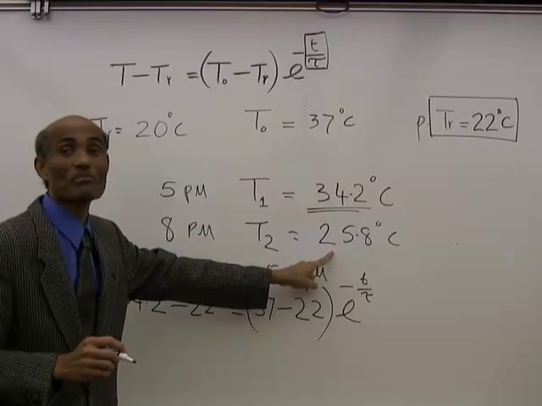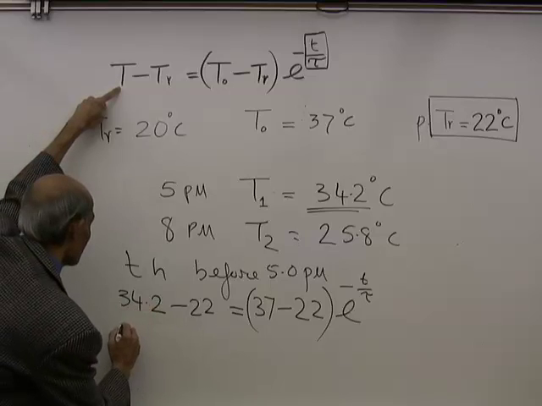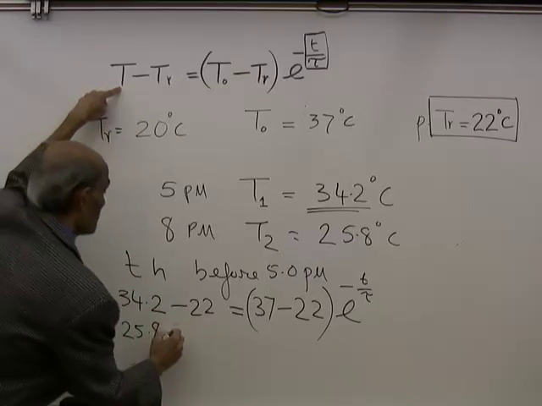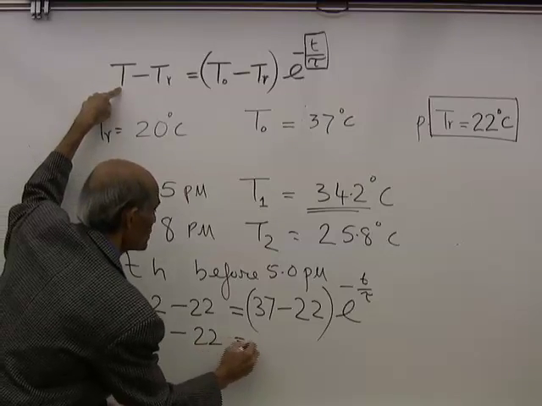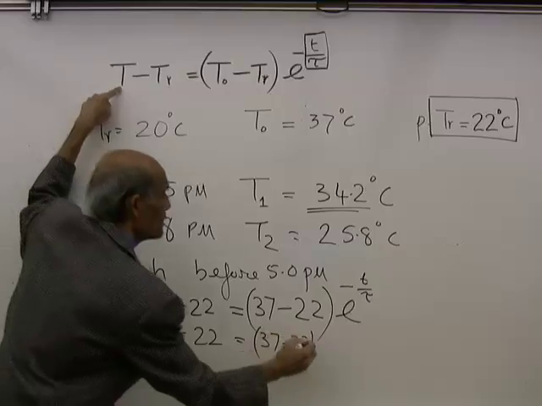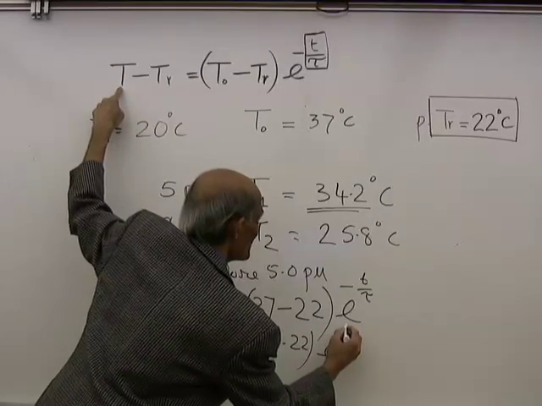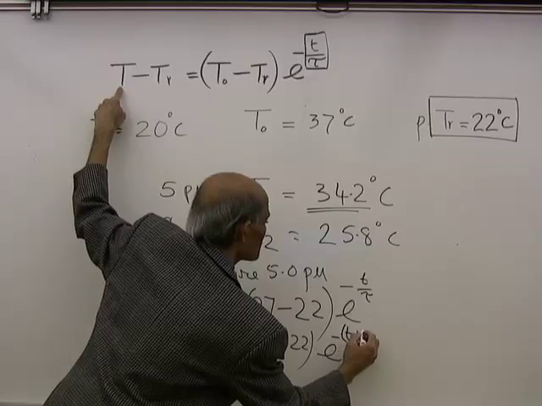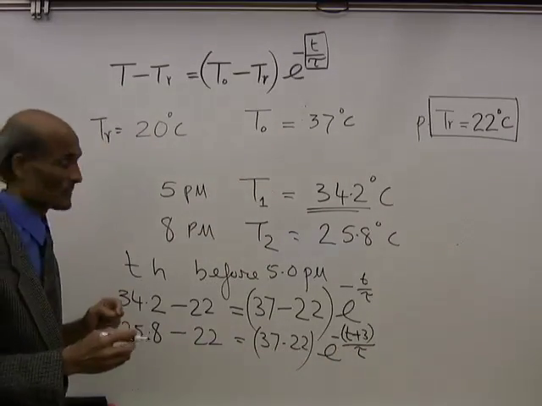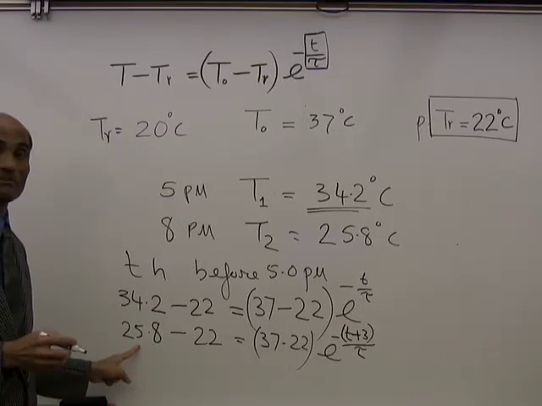It is 25.8. So 25.8 minus 22 equals 37 minus 22 times e to the power negative (t plus 3) divided by tau. Three hours later, this is the temperature.